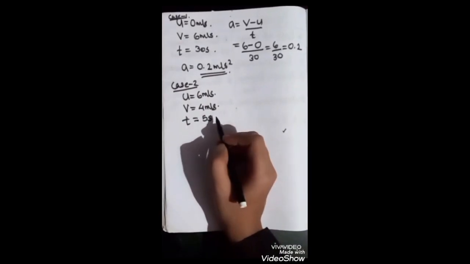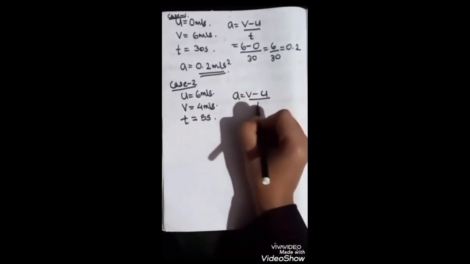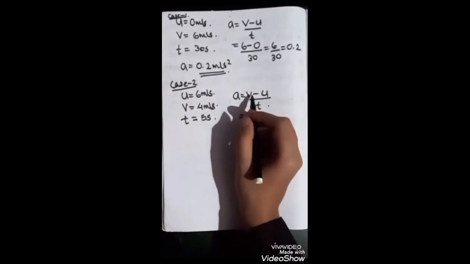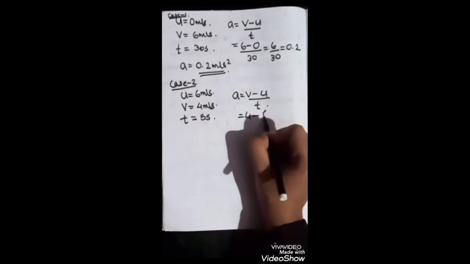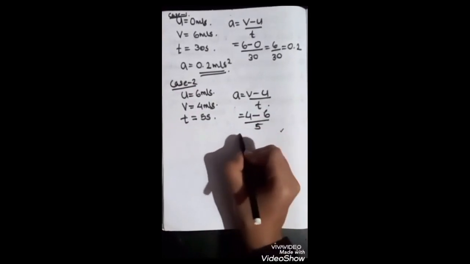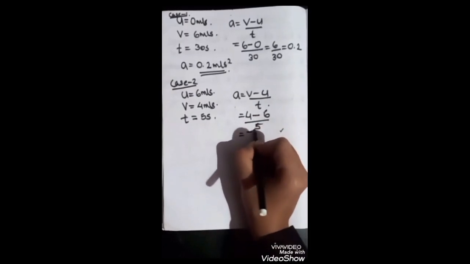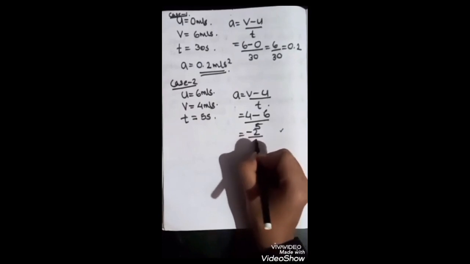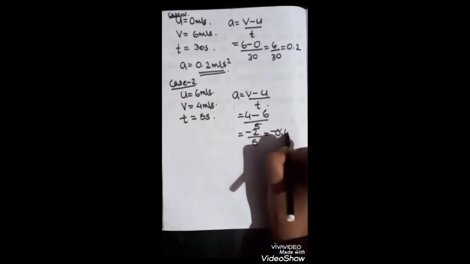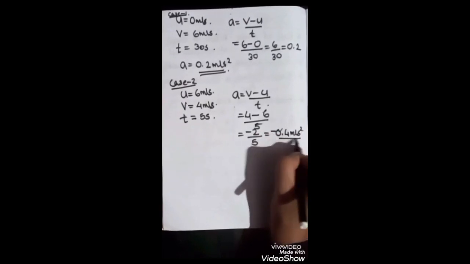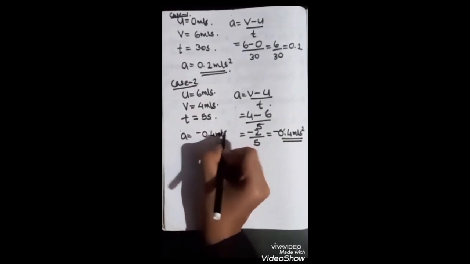Then we can calculate the acceleration. a is equal to v minus u by t, that is, v here is 4 minus u 6 by 5, that is 4 minus 6, we know minus 2 by 5, that is approximately equal to minus 0.4 meter per second square.